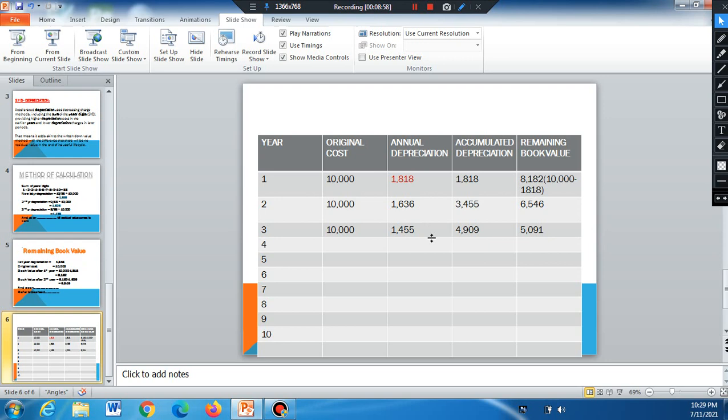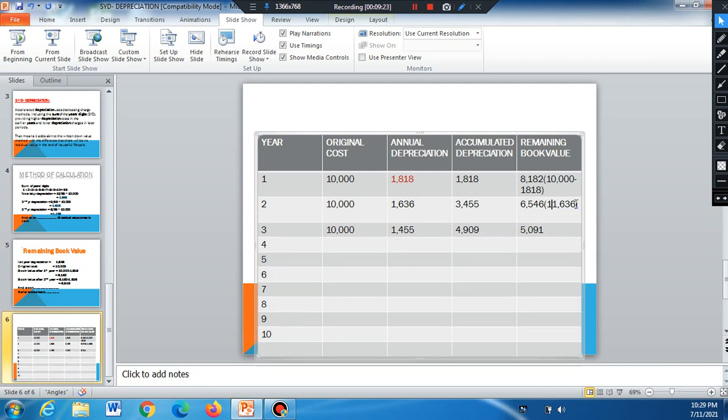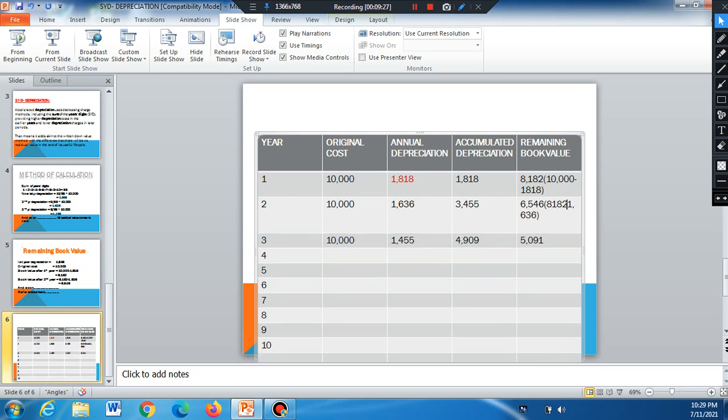6,546. See here. Okay, what we have done here, just again to make you understand, the 10,000 minus 1636, giving you the value. 8182 minus 1636.